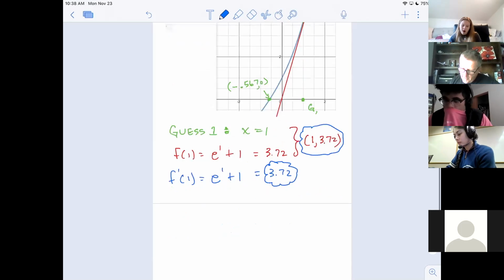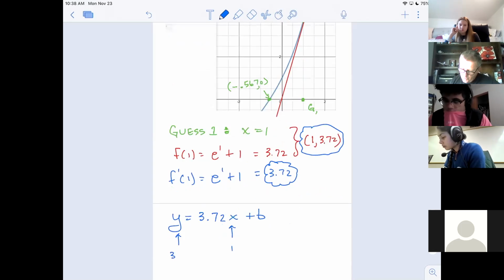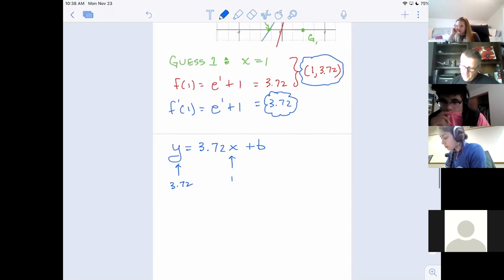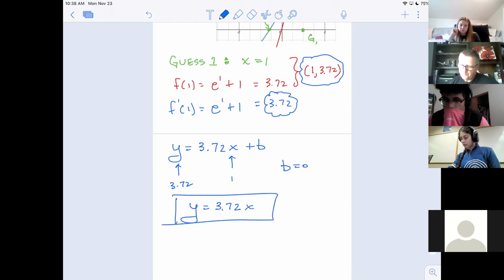So the line would be y equals the slope times x plus b. I put in x is 1 and y is 3.72, and that gives me 3.72 equals 3.72. So b is actually equal to 0. So my first equation, that line that I found up there, this is its equation. Would you agree with that?